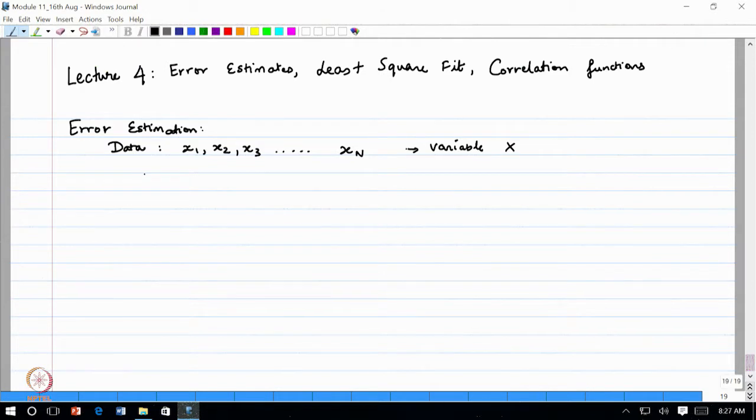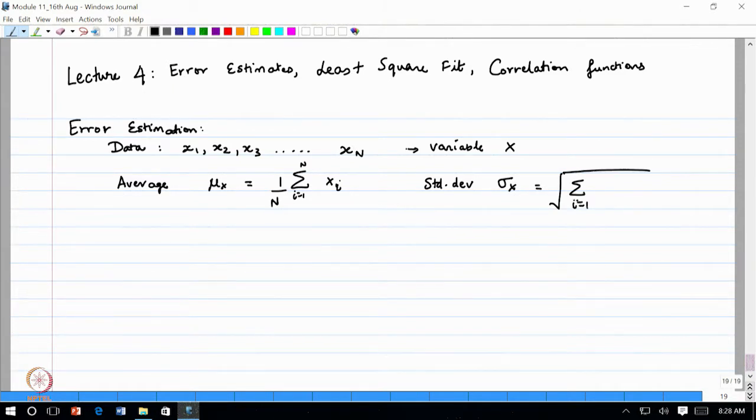Then you define the average mu x equal to the sum over i equal to 1 to n of x i divided by n, and you define the standard deviation sigma of x as the square root of the sum over i equal to 1 to n of (x i minus mu x) squared, divided by n minus 1.